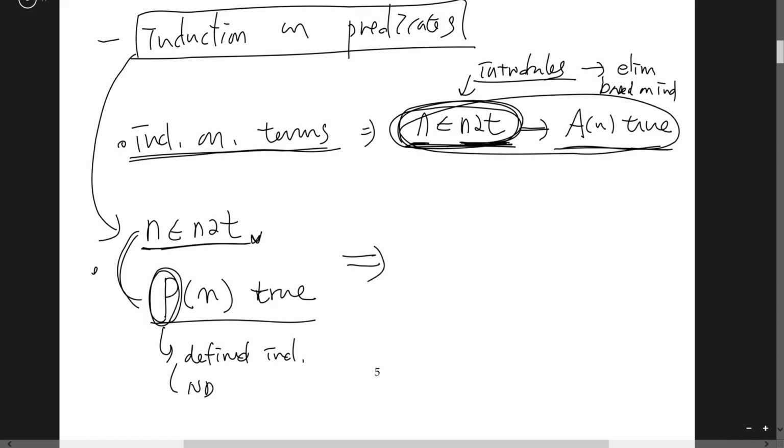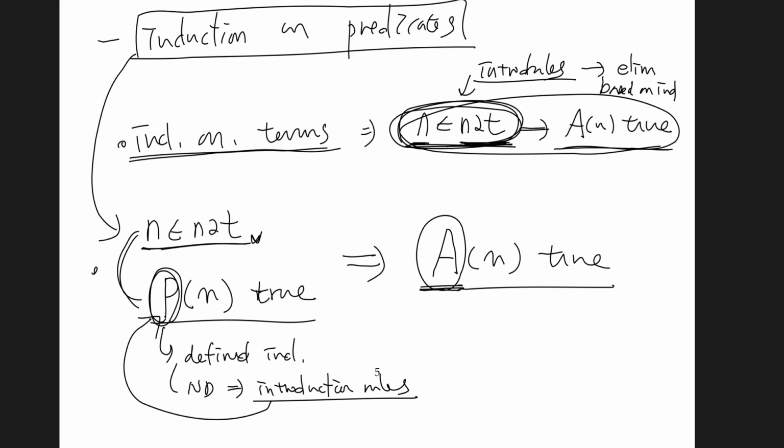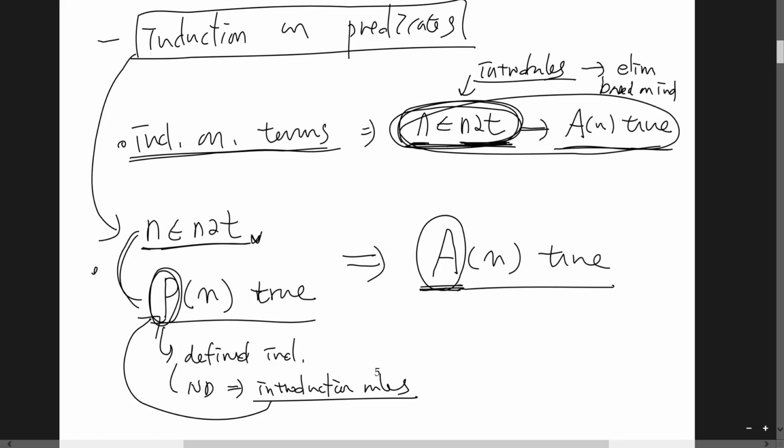So what we are saying here is essentially we have introduction rules for this predicate P. And then we'd like to show that this n satisfies a property A. And this A can be any predicate, like a composition of many logical connectives, etc. But the requirement here is this predicate P must be defined using introduction rules.